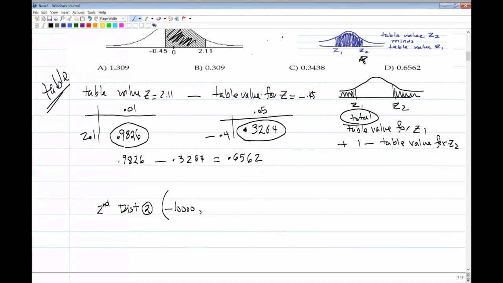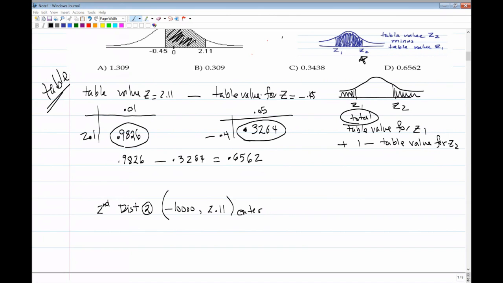Usually we type negative 10,000 because we need 4 decimal places, and then I'll type 2.11, and when you hit enter, it will give you the first value. Do the same thing with the second distribution, number 2, for the second value, and that should give you this.